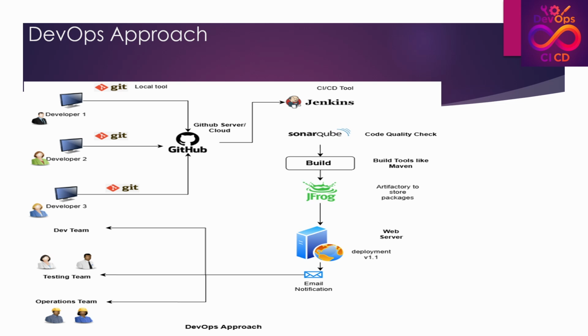Once the application is deployed and successfully running, an automated email notification will be triggered from the Jenkins pipeline to all the relevant teams.